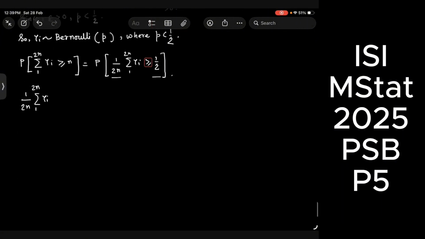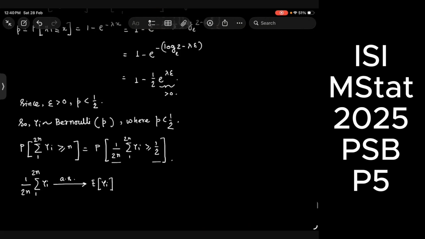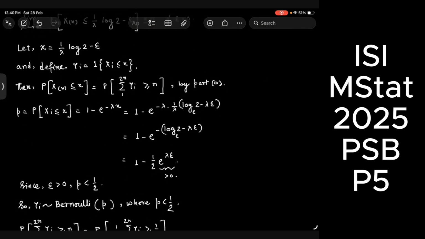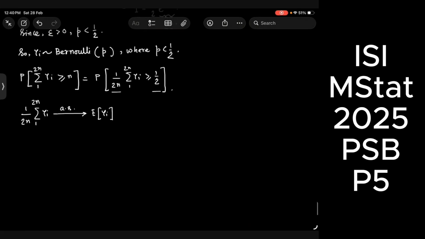This is the sample mean, and this will go almost surely to the theoretical mean, right? Do you get it? That is, P is half. Tell me.